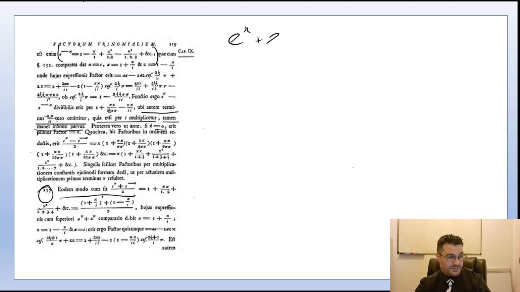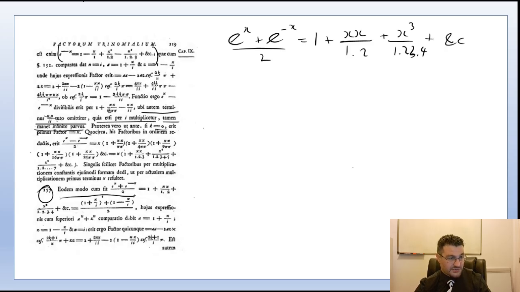So in the same way, e to the power of x plus e to the power of minus x over 2 is equal to, in this case, 1 plus xx over 1 times 2, plus x to the power of 4 over 1 times 2 times 3 times 4, plus etc. So we don't get the common factor of x here.